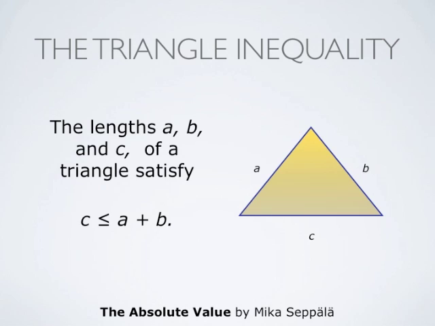If the triangle reduces to an interval, then of course C equals A plus B. But that is a special limiting case.